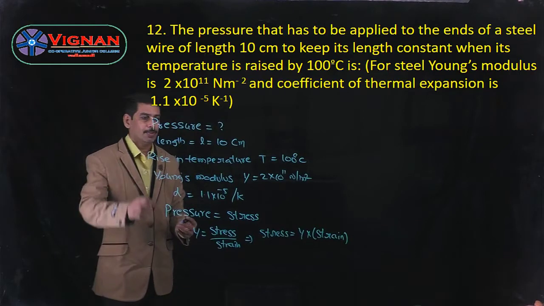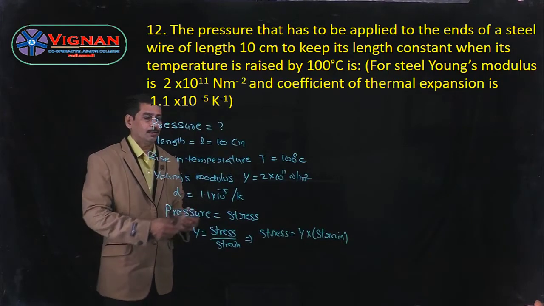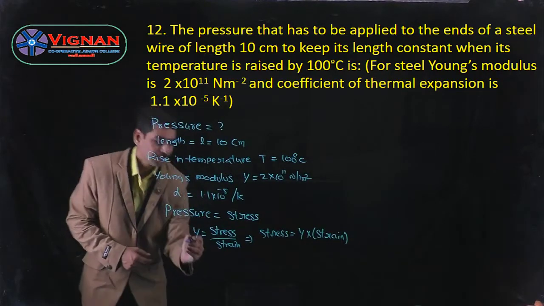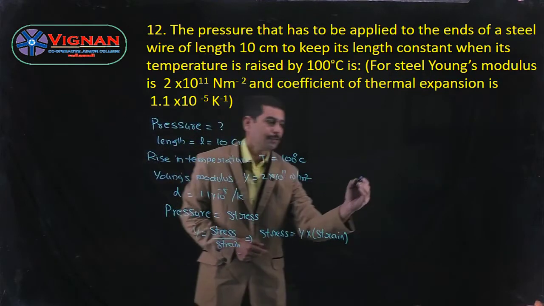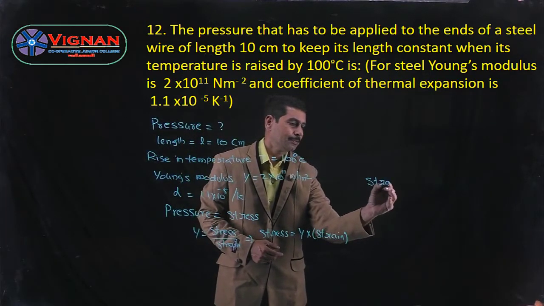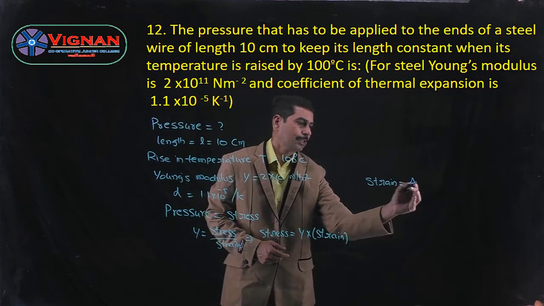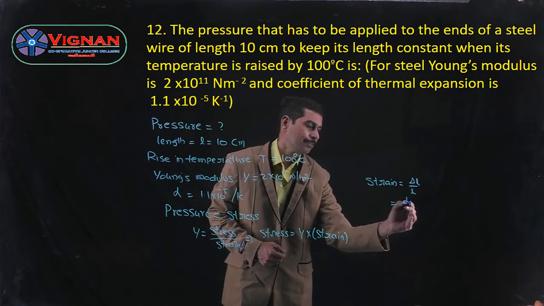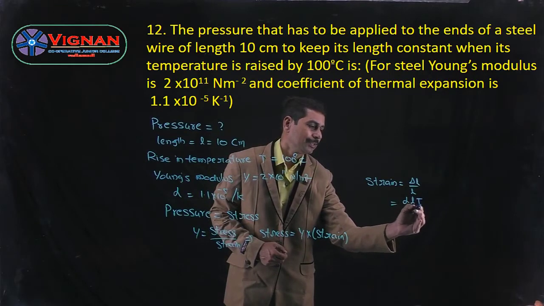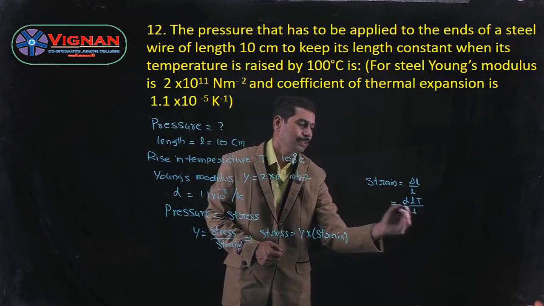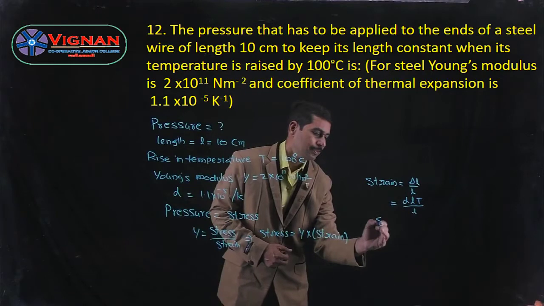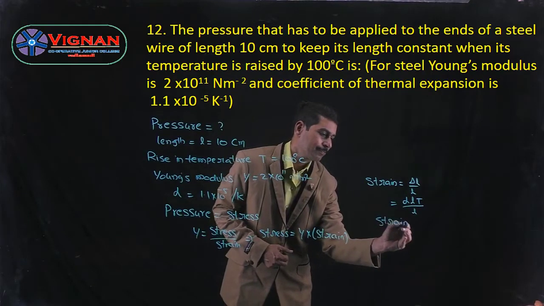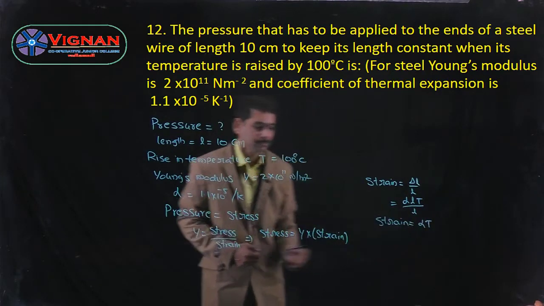Here the Young's modulus is given, and how do we find the strain? Strain is nothing but delta L by L, the change in length by the original length, and we know the change in length is nothing but alpha L into change in temperature, divided by L. Here length is constant, so L gets cancelled, and you get the strain as alpha into T.